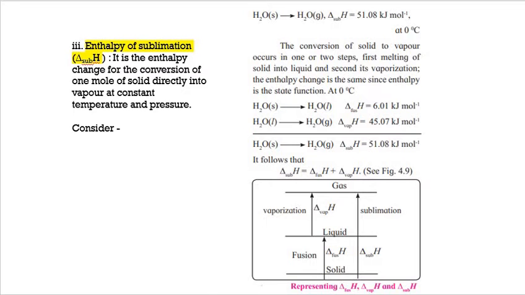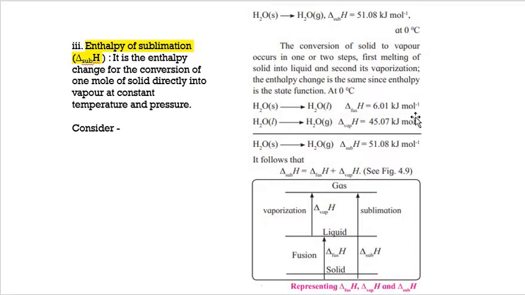First, melting of solid into liquid, and then liquid's vaporization into gas. Enthalpy change is the same, since enthalpy is a state function, at 0 degrees Celsius. First, when solid is turning into liquid, delta fuse H is equal to 6.01 kilojoule per mole. And when liquid is turning into gas, delta Vap capital H is equal to 45.07 kilojoule per mole.